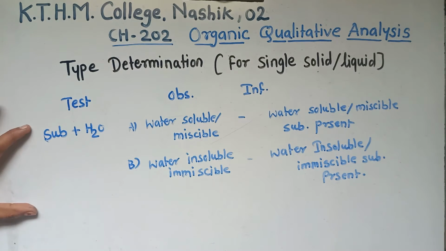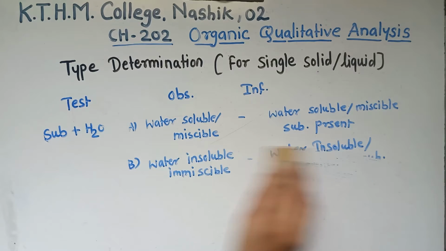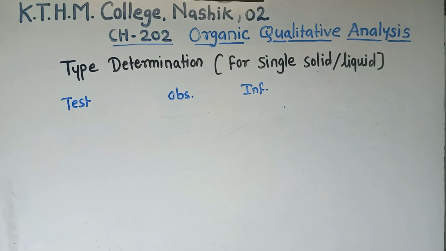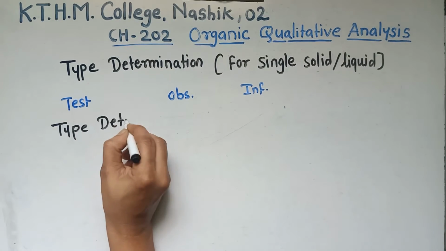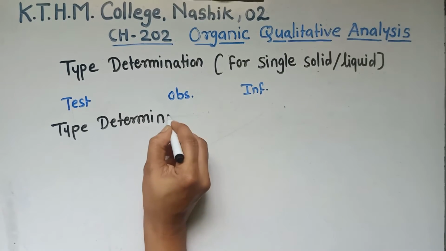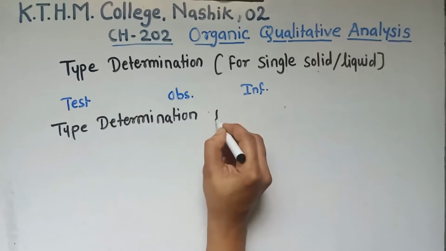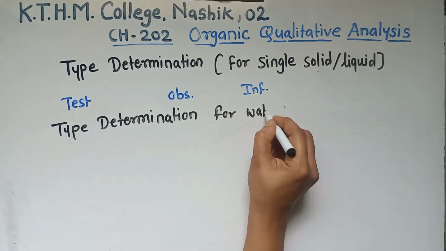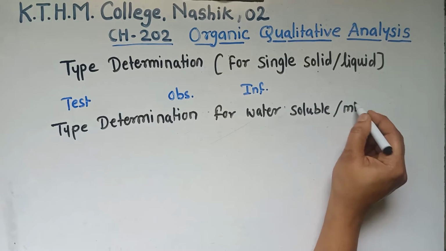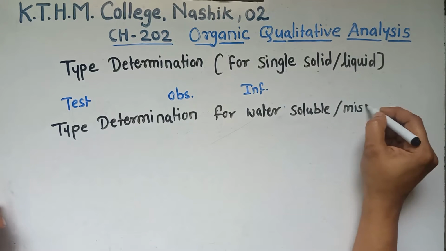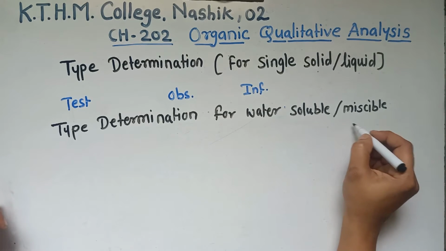Once we conclude this test, then we perform the next test, that is type determination for water soluble, or for liquids another word, miscible substances.